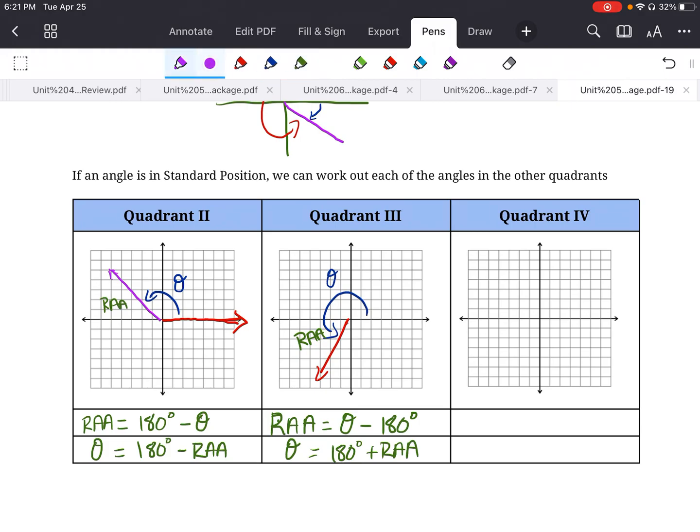And then finally in quadrant 4, your related acute angle is here. To find the related acute angle, it's 360 degrees minus your principal, and to find your principal, it's 360 degrees minus the related acute angle.